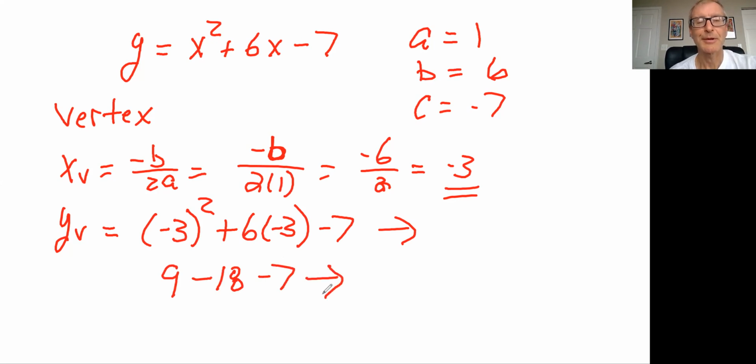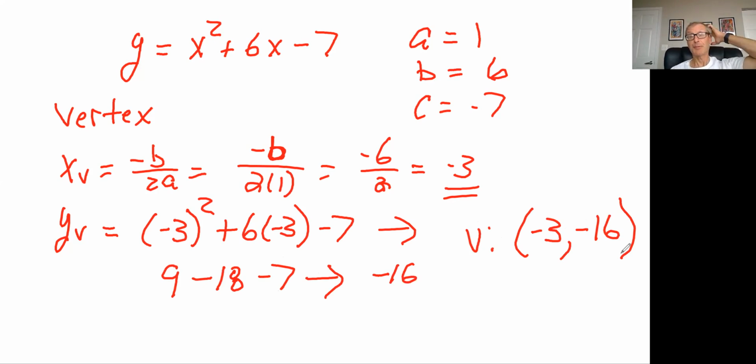And so this would be minus 9 and minus 7. That would be minus 16. So the vertex is x equals minus 3, y equals minus 16. And so that's typically how you indicate the vertex in point form. And so when you do some of the homework, you'll see that that's how they're going to be asking the question in my math lab.